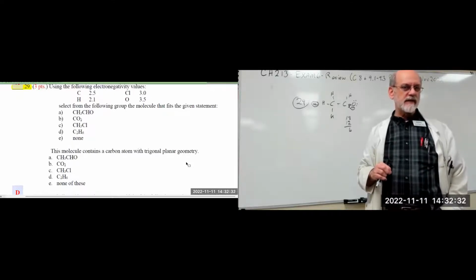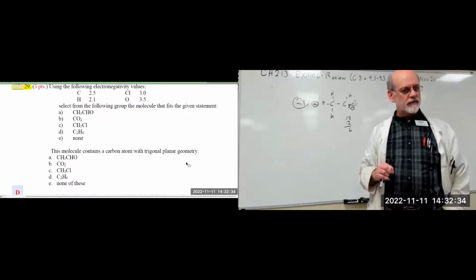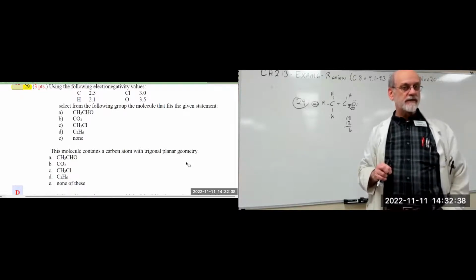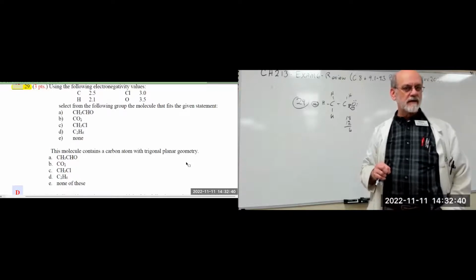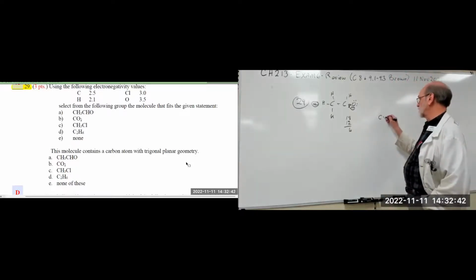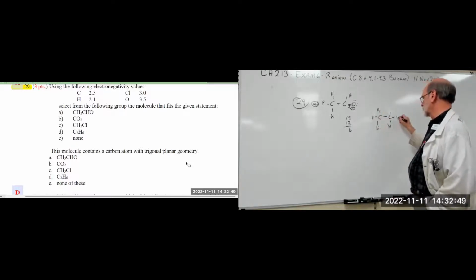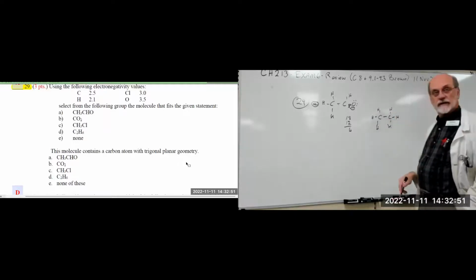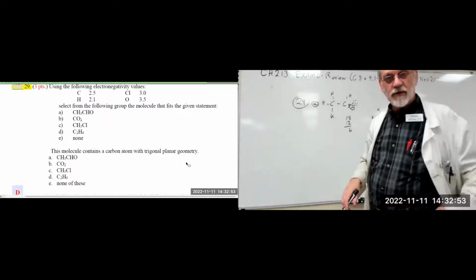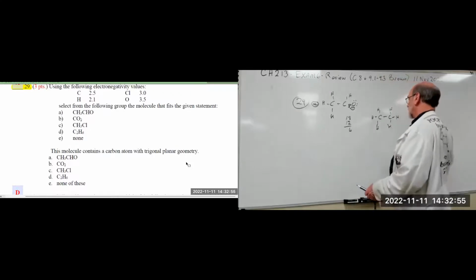Methyl chloride, CH3Cl, has 3 hydrogens and 1 chlorine around. That's tetrahedral. And C2H6 is like this. So those are both tetrahedral. We found our answer. It's A.